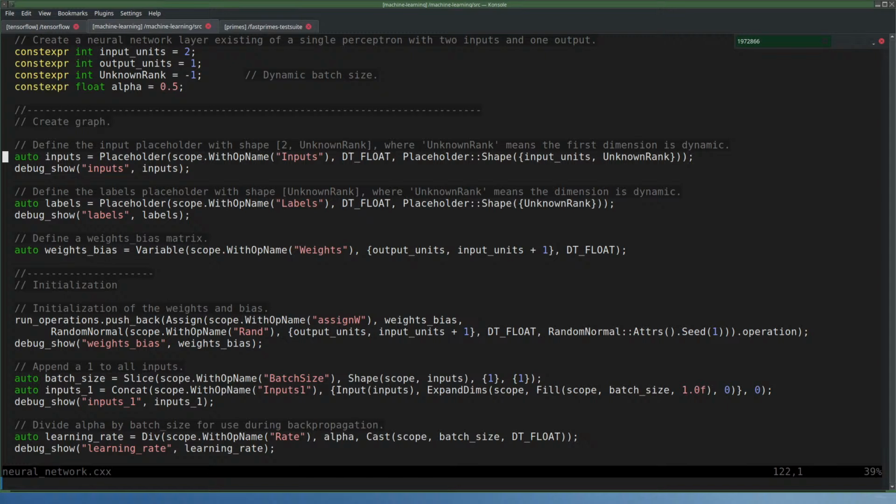Now we define a placeholder for the inputs and the labels. Let's see, zeros and ones, target, and a weights bias matrix. This declaration is not really connected or filled in or anything yet.